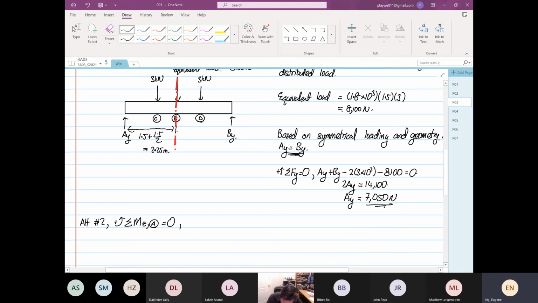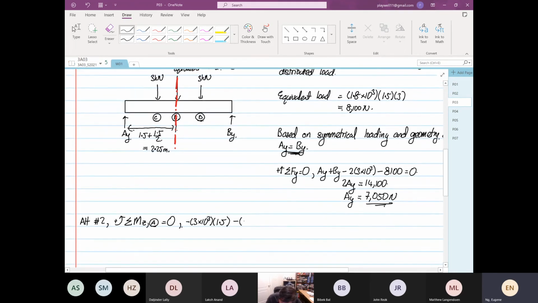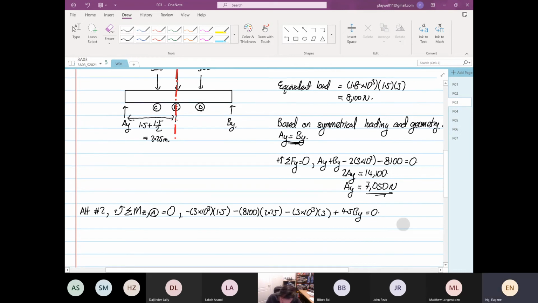Going in a clockwise direction, it's minus 3 times 10 to the power 3 multiplied by 1.5 distance, minus 8100 times the distance we know is 2.25, minus 3 times 10 to the power 3 with the distance 3, plus BY times 4.5, and the whole thing is equal to 0.